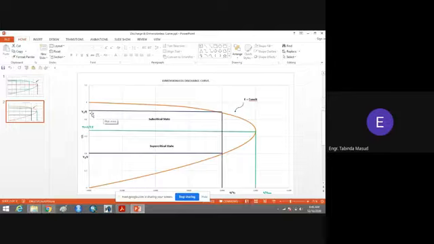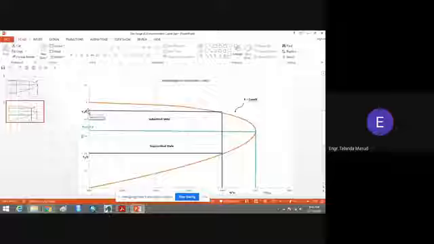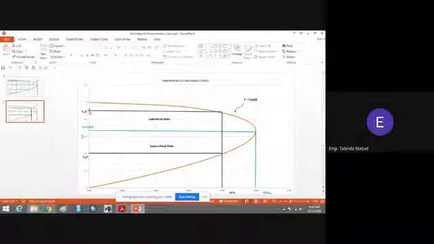You can see that this is 0.8 and this is 1. Between 0.8 and 1, this is actually 0.9. I have written here that y1 divided by E is equal to 0.9. We don't need to find the value of Q. Just from this value of 0.9, we will move towards the curve like this.